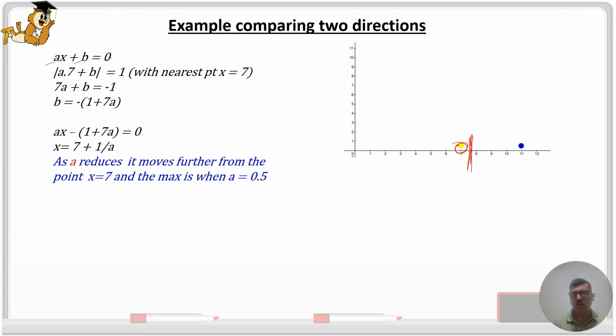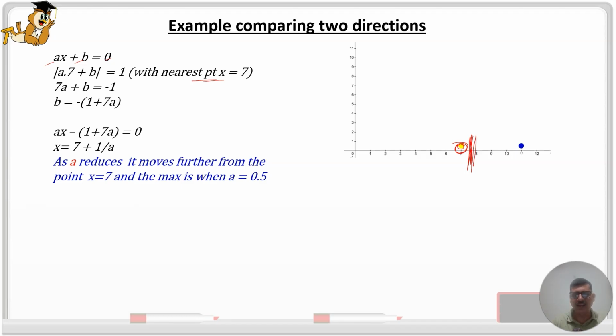Like I said earlier, I could multiply a by 100, b by 100, and it would still be the equation of the same hyperplane. But let us see how I am going to scale it. Because 7 is the nearest point, I plug in x equal to 7 and set its modulus equal to 1. I remove the modulus, I put a minus sign over here because this point is on the origin side of this hyperplane, right?